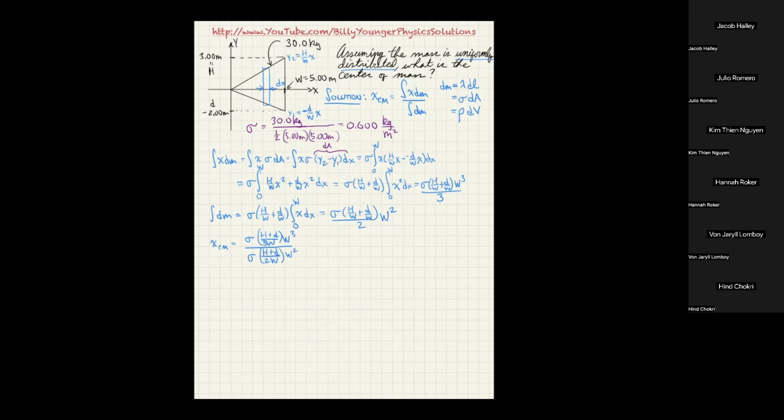So what I want to see first, and I should have done this up above, but basically you can see that this 3 is going to cancel out with this w down here and make it a 2, and this 2 is going to cancel out with this w down here and make this one a 1, like that, and this sigma is going to cancel out with this sigma.